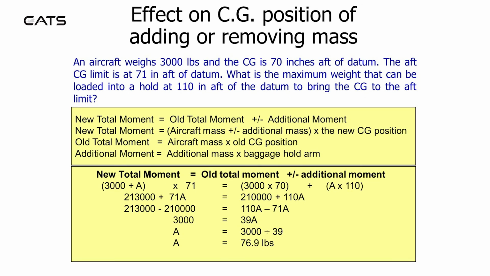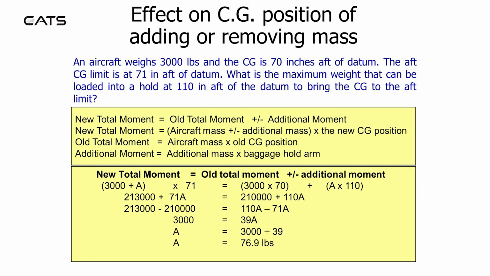An aircraft weighs 3,000 pounds and the CG is 70 inches aft of datum. The aft CG limit is at 71 inches aft of datum. What is the maximum weight that can be loaded into a hold at 110 inches aft of the datum to bring the CG to the aft limit? New total moment equals old total moment plus or minus the additional moment.